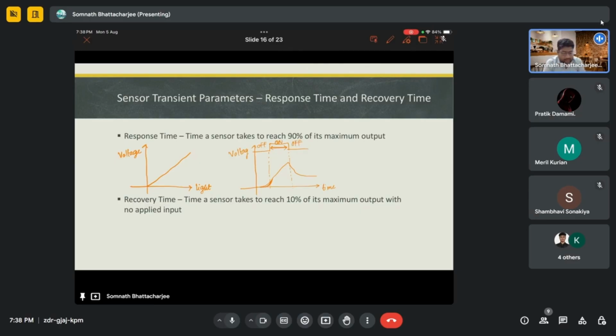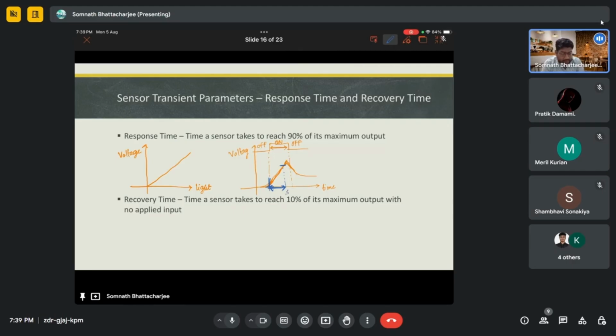So what happens in this case is that whenever the light is shined on that photodetector, the photodetector starts working, but to reach at least 90% of the maximum value, it takes some time. So there's a certain time to respond.